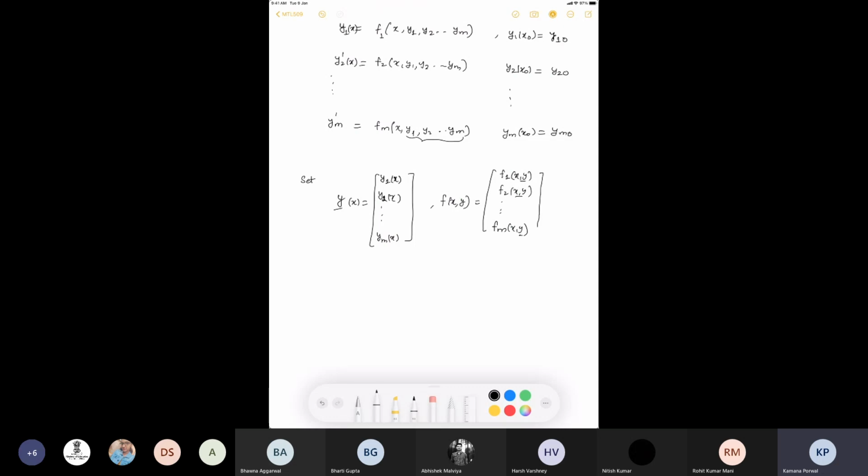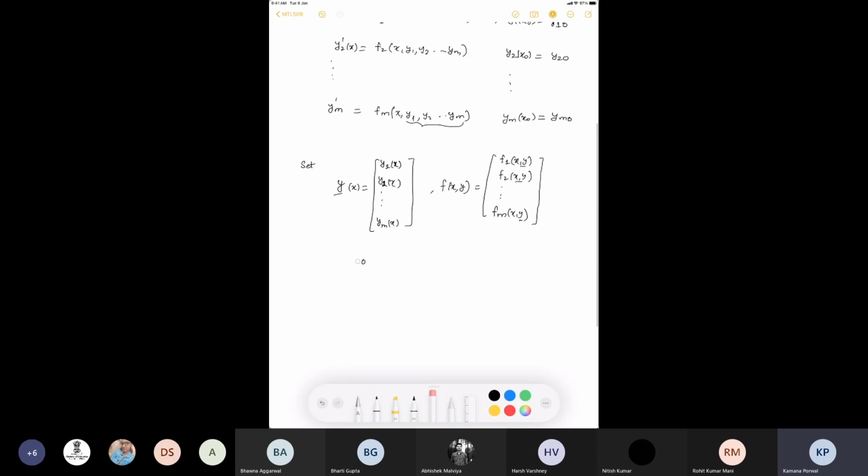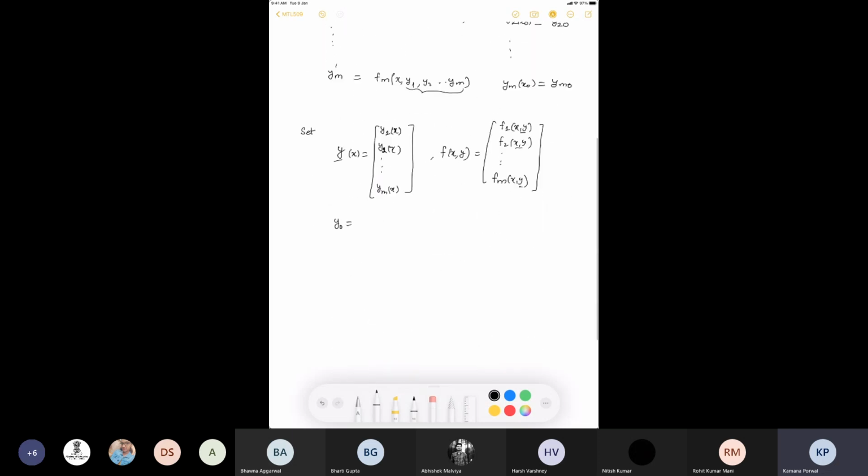And I'm denoting the initial vector as y0, just trying to be consistent with the notation we have used for the differential equation. So let's call it y1 0, y2 0 up to ym 0.